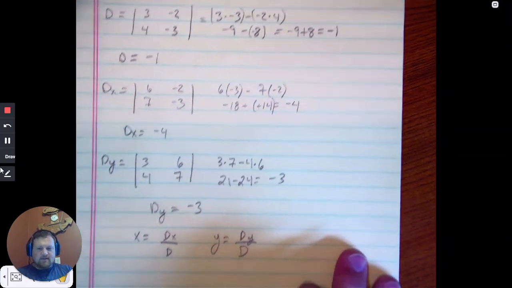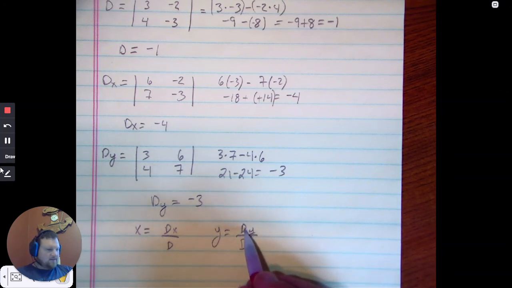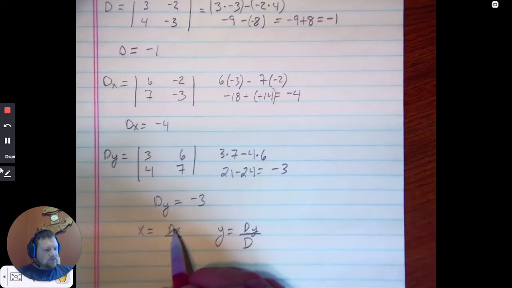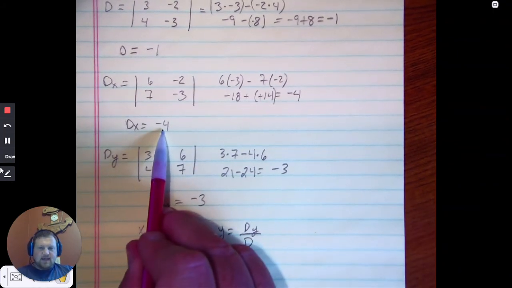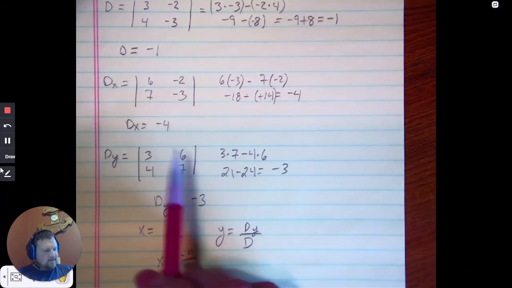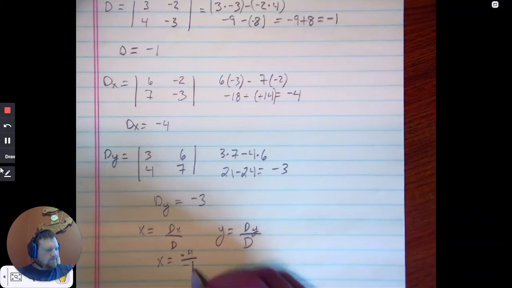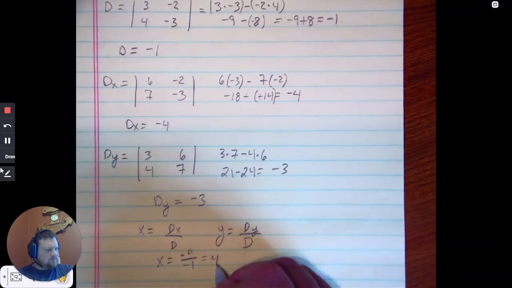So the determinant of x over the determinant of the entire thing is our x value, and the determinant of y divided by the determinant of the entire thing gives us our y value. So for x, we look up here, we have -4 as my d of x. So x equals -4 divided by the determinant of the entire thing, which was -1. So -4 divided by -1, which is just 4.